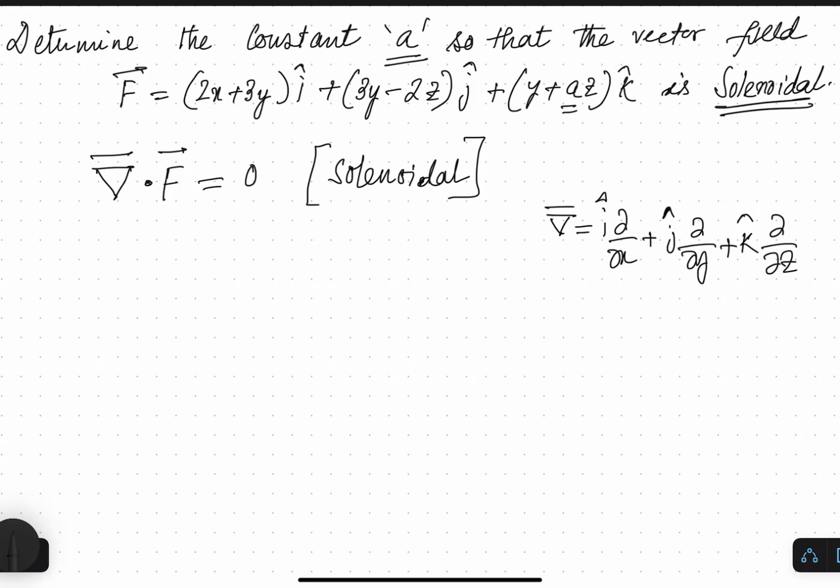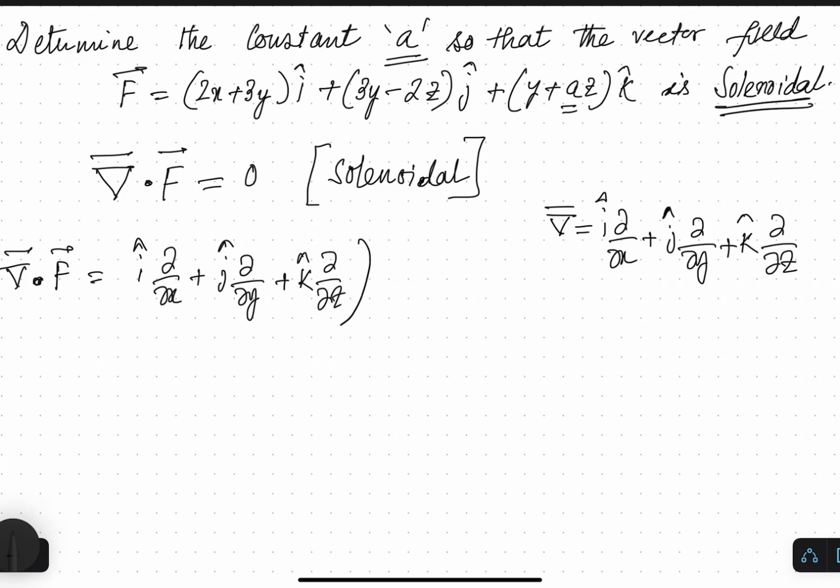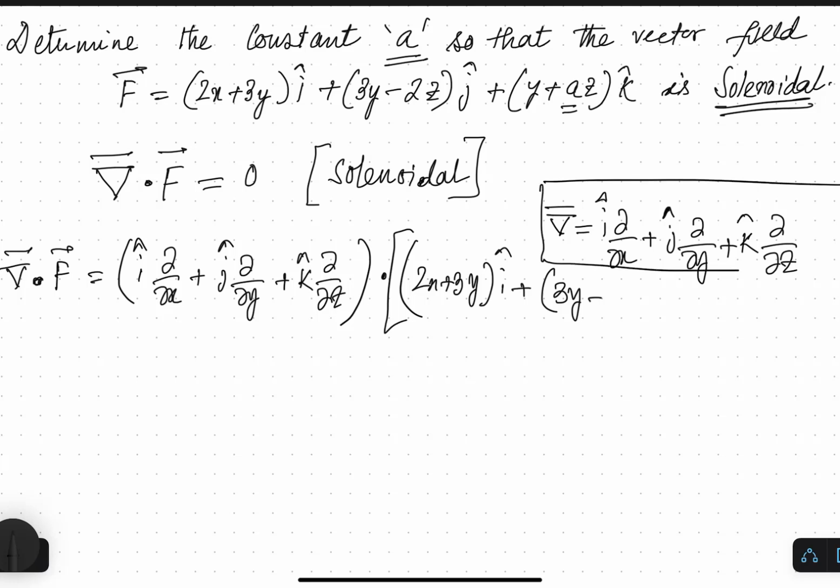So divergence of F is equal to i del x plus j del y plus k del z dot the vector (2x + 3y) i cap plus (3y - 2z) j cap plus (y + az) k cap.